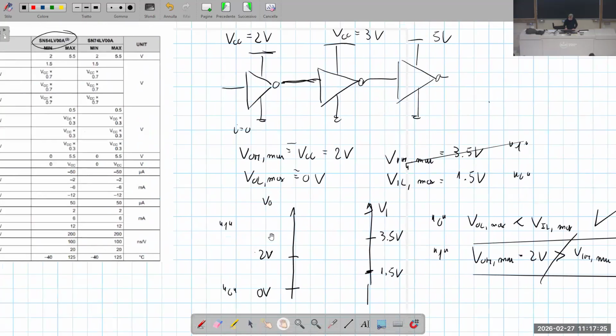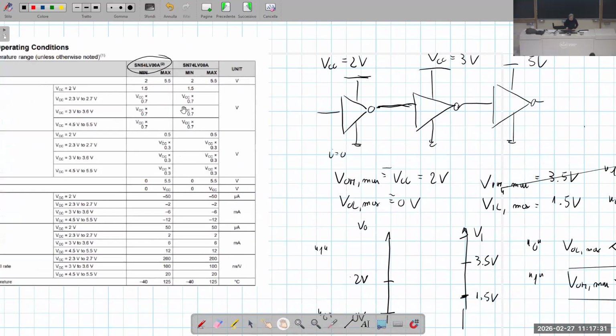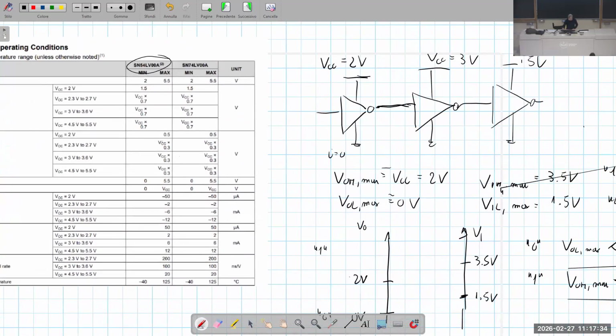I got the value 3.5 for the high level input voltage. The supply voltage here, this is VCC. Actually, in the previous case, I had just the gate connected to VCC. VCC is 5 volts.